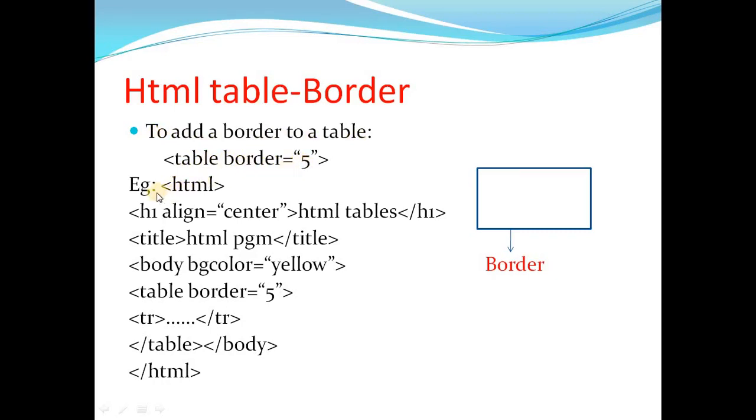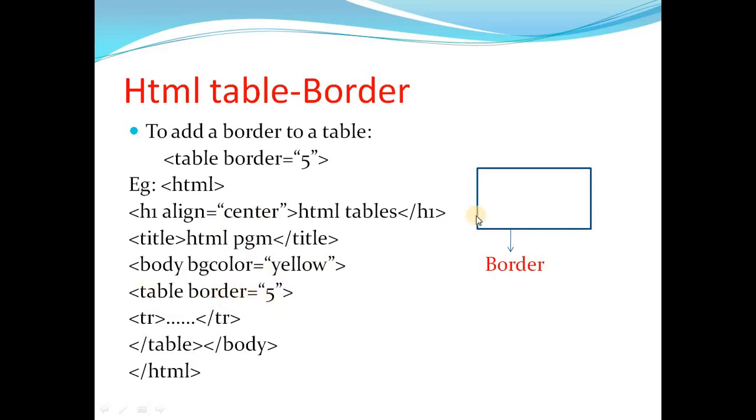See, in the example here I have used HTML h1 align equal center, that is the HTML heading. The h1 heading tag I have used should be HTML tables. The title I have used here is HTML program, and the body bgcolor, the body of the HTML page, will be yellow color, and here I have written table border and the thickness of the border should be 5.